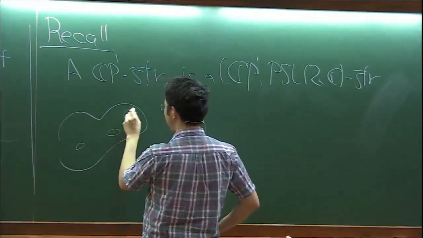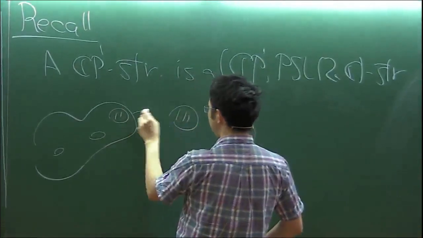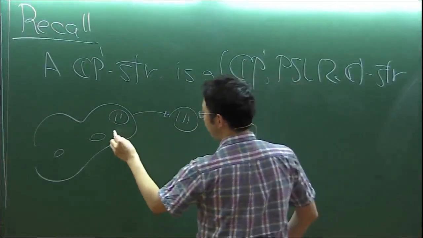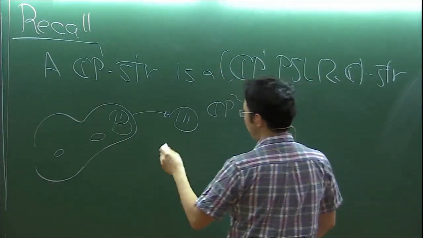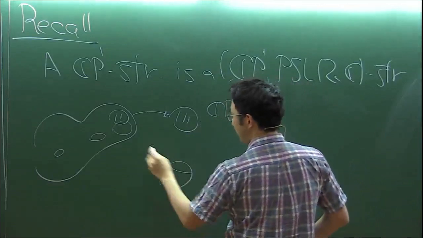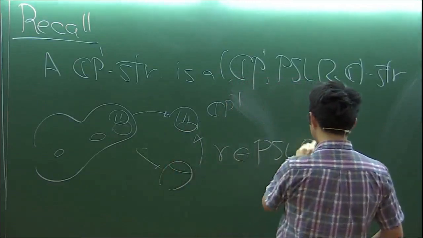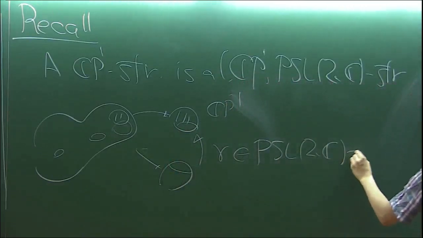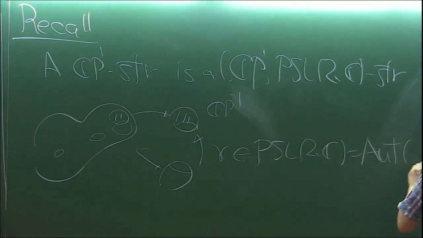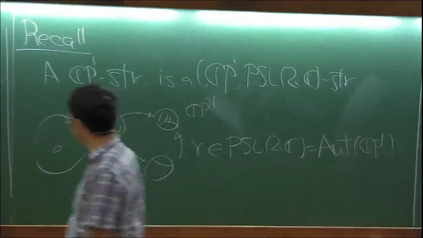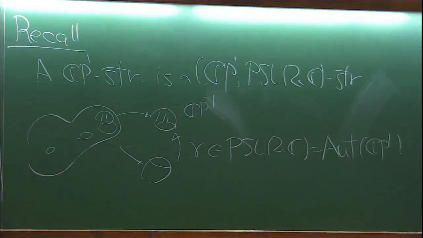So it's a maximal atlas modeled on CP1, with charts being open sets of CP1 and transition maps in PSL2C, as PSL2C is the group of biholomorphic maps of CP1 acting by linear fractional transformations. And it's up to isotopy of the surface.